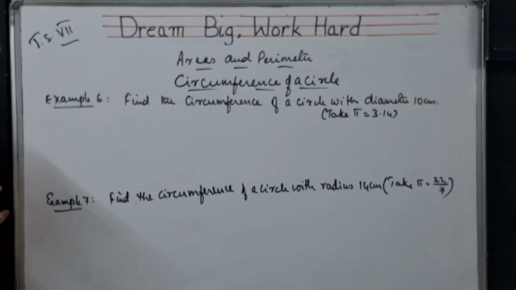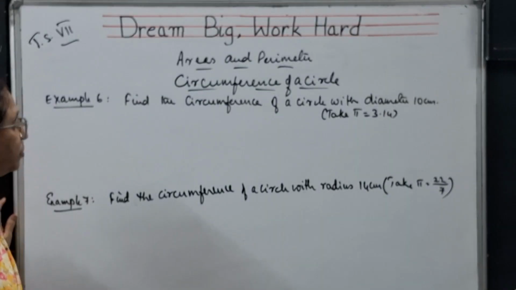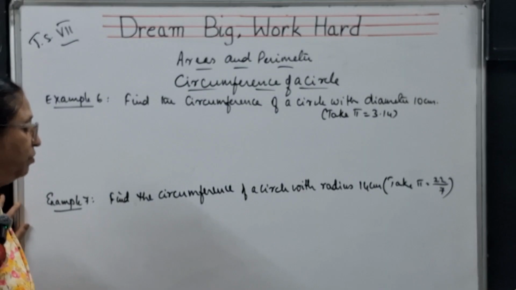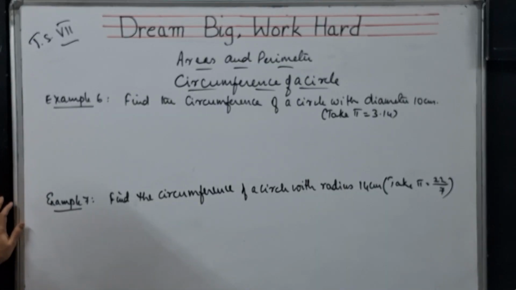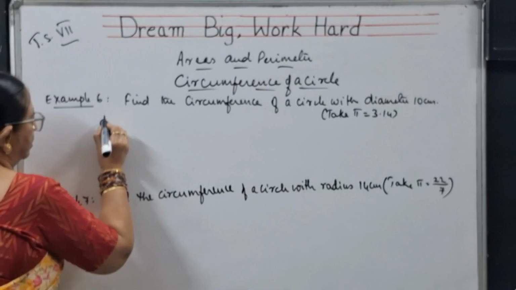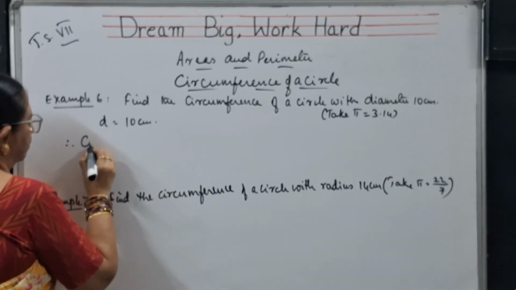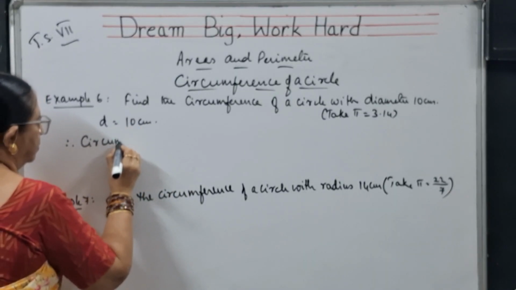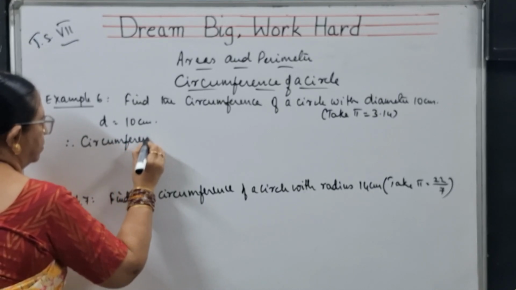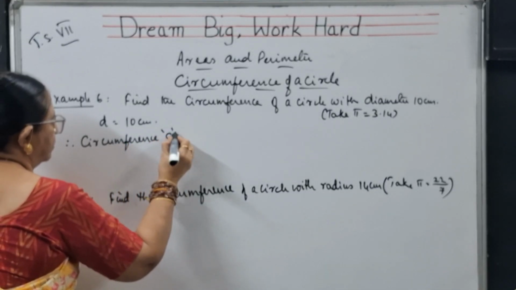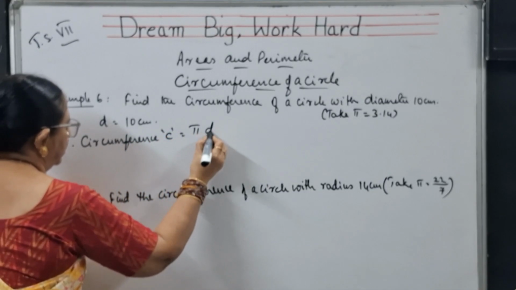Now here, example 6 and example 7, both together we can do, children, because of the formulae that I have taught. First, example 6: find the circumference of a circle with a diameter of 10 centimeters. They have given the diameter, d value is 10 centimeters. Therefore, circumference C is equal to pi into d.